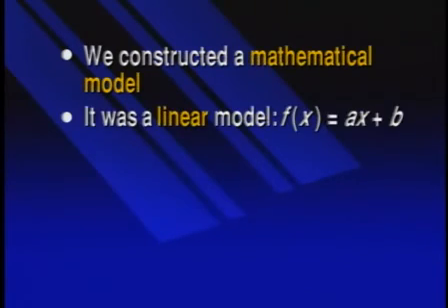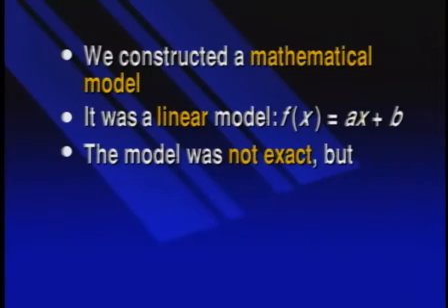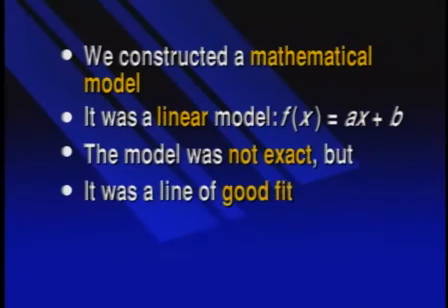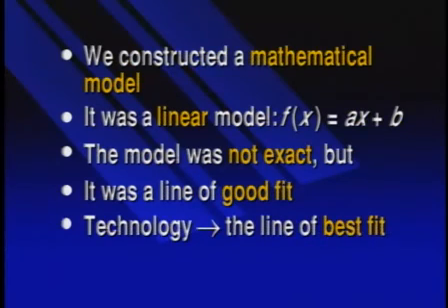We constructed a mathematical model. In this case, it was a linear model of the form f of x equals ax plus b. The model was not exact, but it was a line of good fit. And finally, with the aid of technology, we actually were able to find the line of best fit.